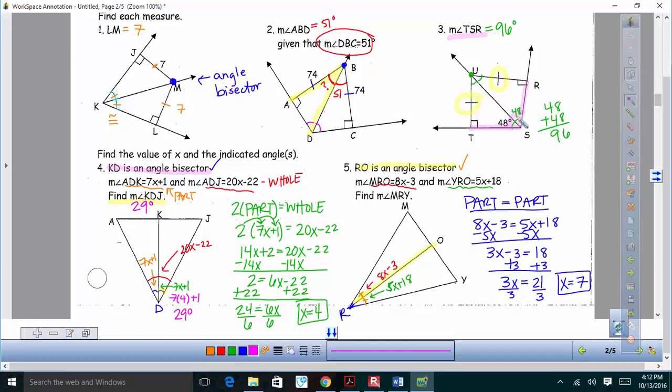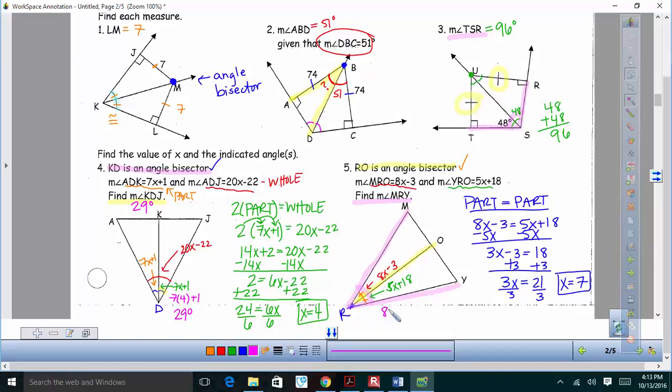Now, the very last thing we want to do is find MRY. MRY is talking about this entire angle right here. So I could find a part and then multiply it by 2 because they're the same, or you could add these two together and then plug in x. I'm going to plug into one and then double it.